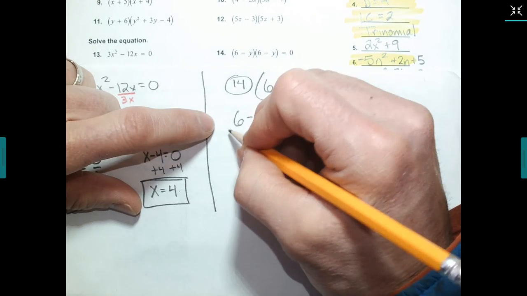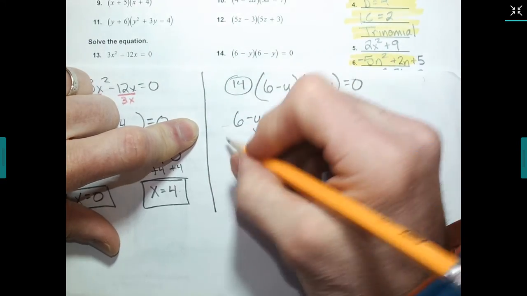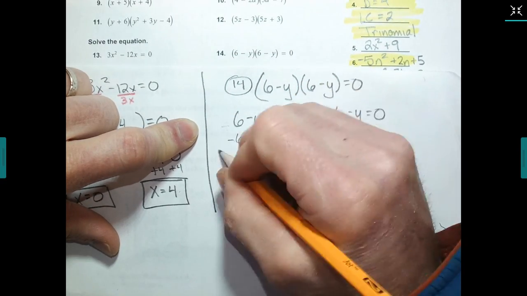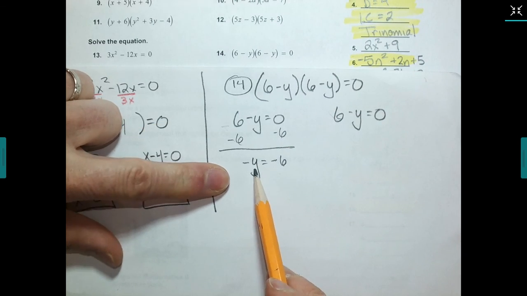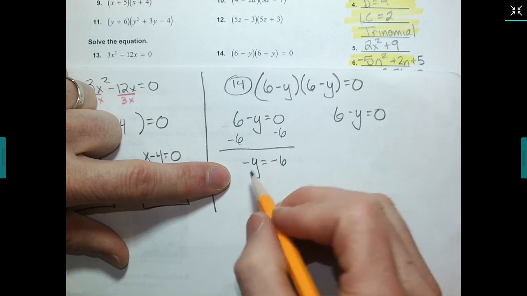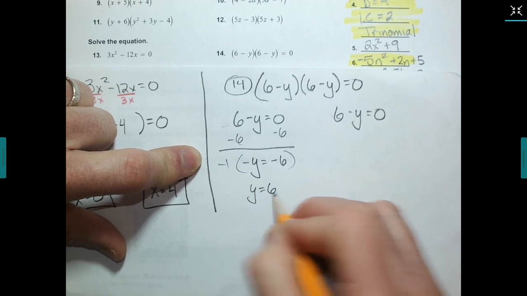So I'm going to subtract 6 from this side. So I get negative y equals negative 6. Well, I can't have a negative y, so I need to multiply the whole thing by negative 1. So I get y equals 6.